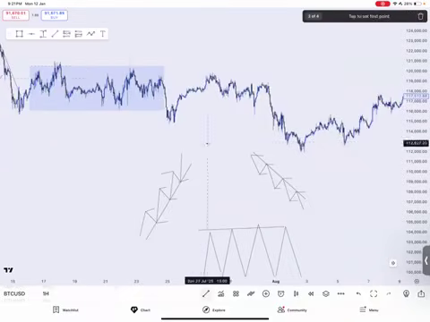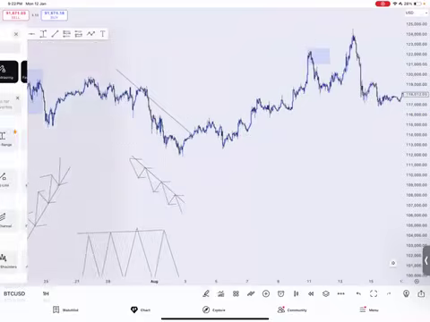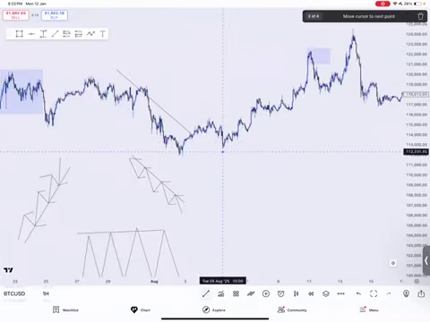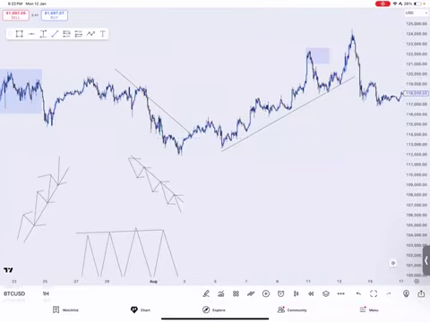It's always fixed with these three movement patterns. These are the three basic ways that price makes its movements. That's just the basic introduction to market structure.